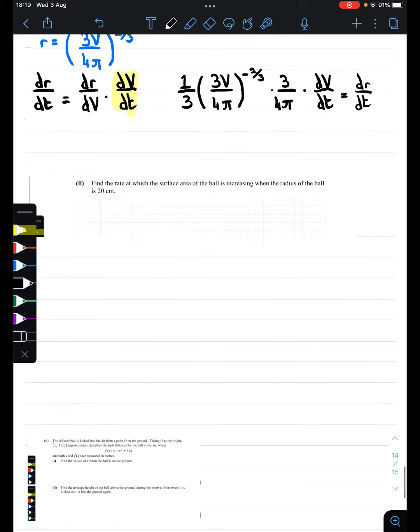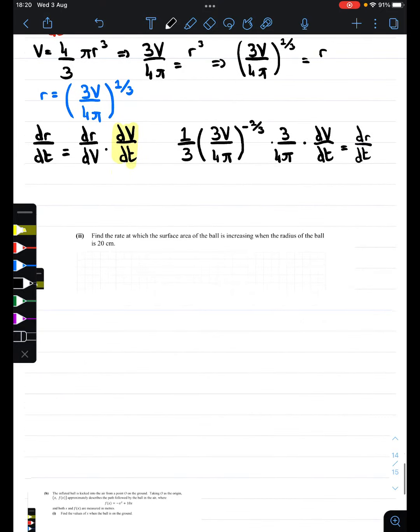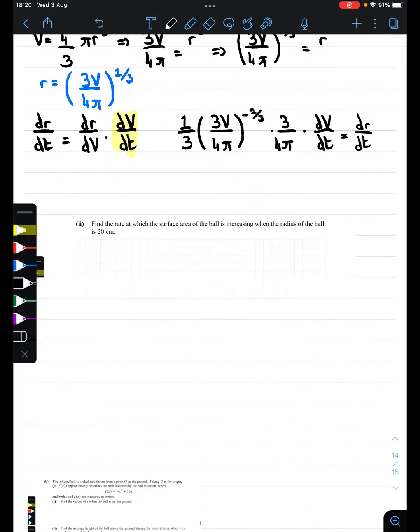Okay, so how does this help us? Well, we actually know what dv/dt is. It's 250. So now we can write 250 times, well, this 3 and this 3 will cancel.